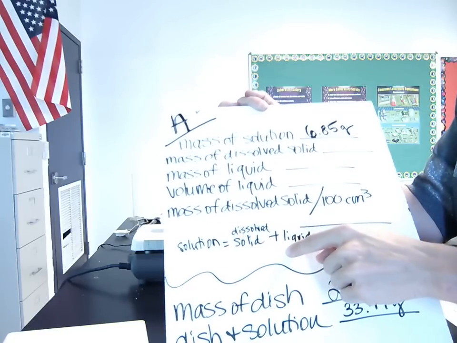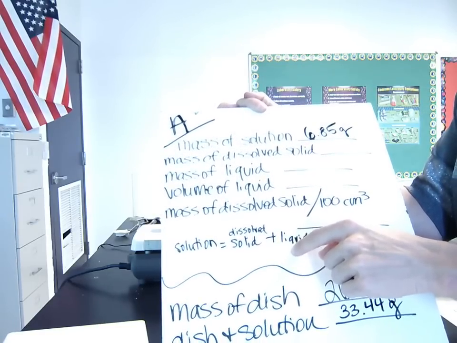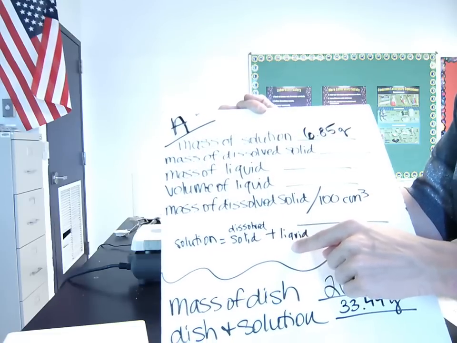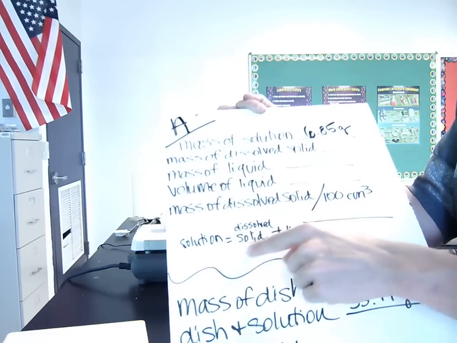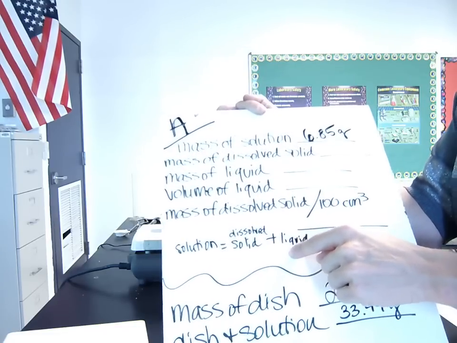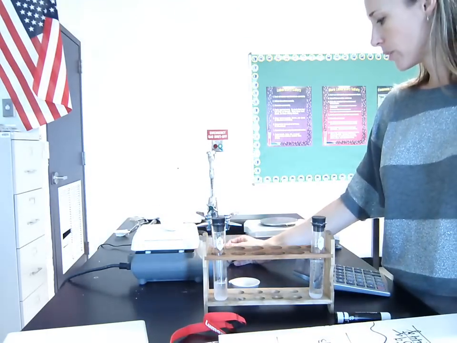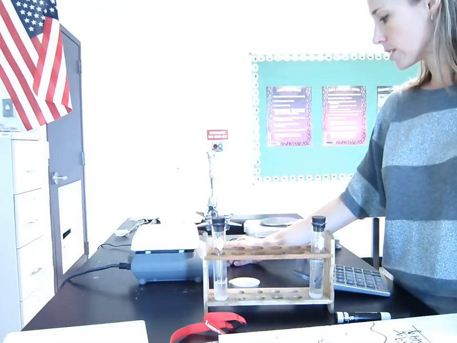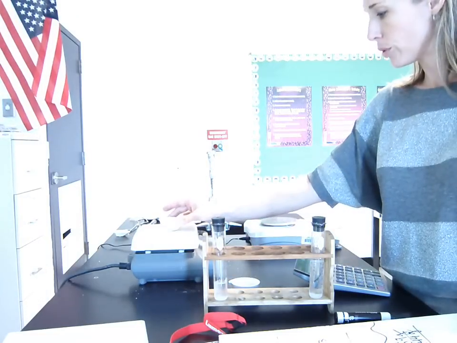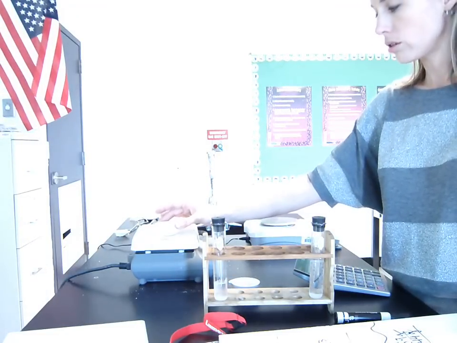What I'm going to do is now evaporate the liquid. It's water, so we're going to boil it until it boils off. That's how I'm going to separate these two things. Okay, so I'm going to put this on the hot plate right here, and I'm going to turn up the heat a little bit to where it's a decent temperature. And what I'm going to do, let's see, I'll put A on that side.